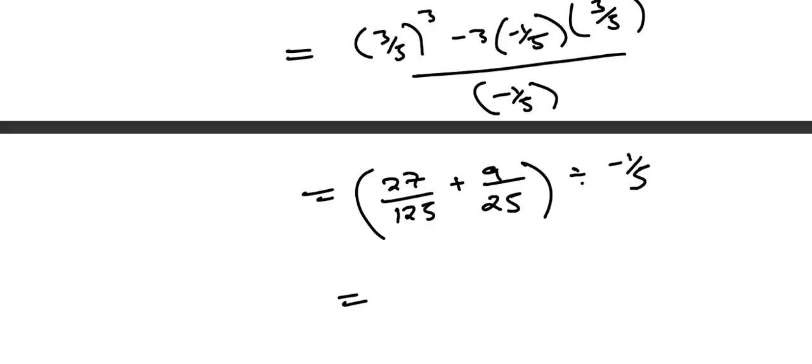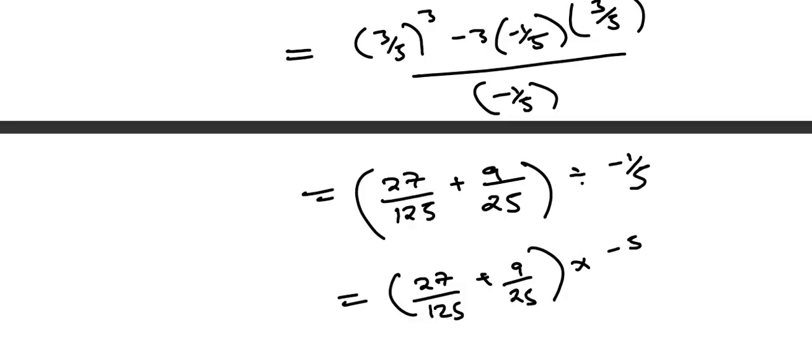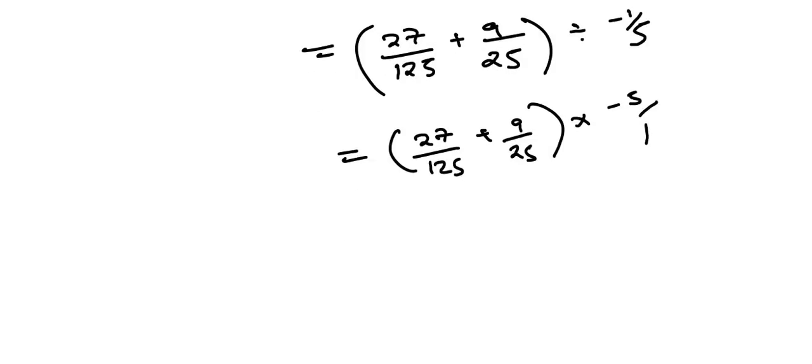This is just the same as 27 over 125 plus 9 over 25 times negative 5 over 1. This here is the same as 5 there is 1. Then we are having 125 divided by 5, that's going to give us 25. So this is 27 over 25.